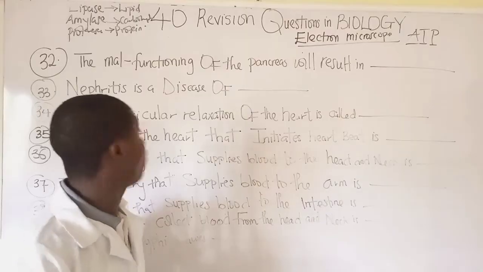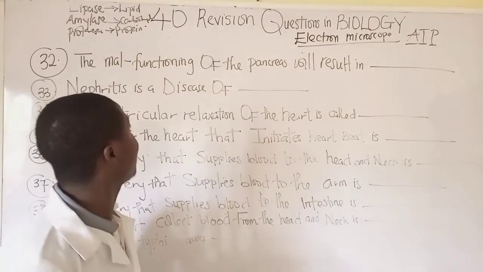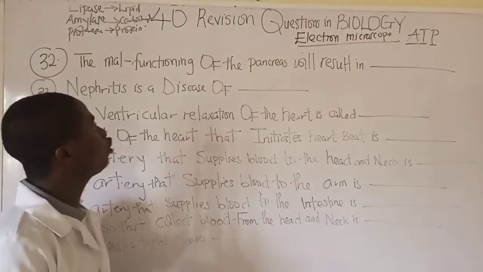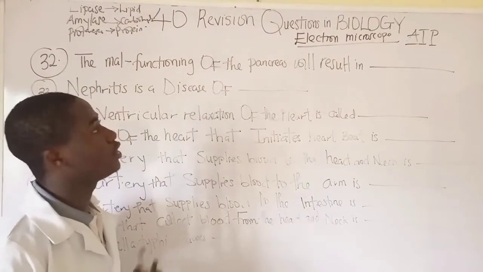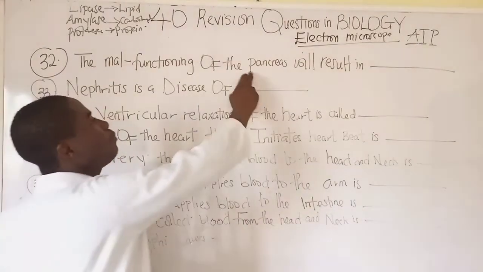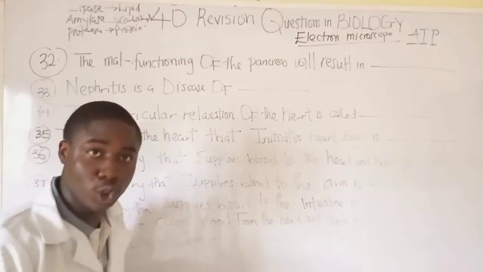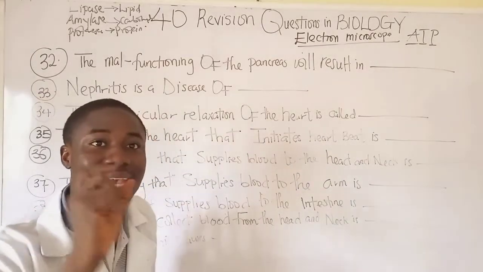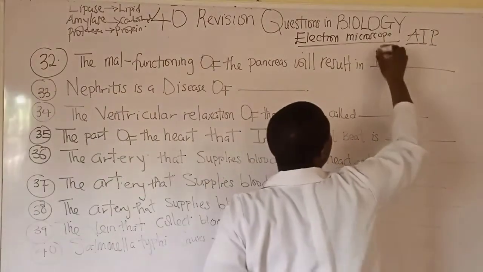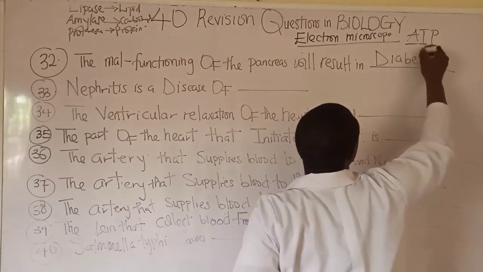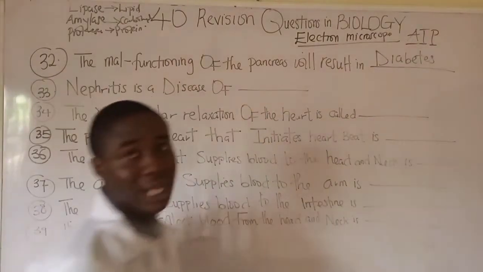Now let's quickly move over to question 32, and it says the malfunctioning of the pancreas will result in, so when the pancreas gland is malfunctioning, it results in a disease called diabetes. So that is for that.